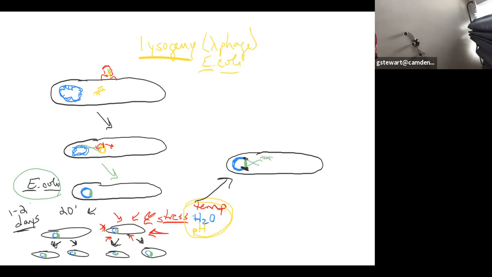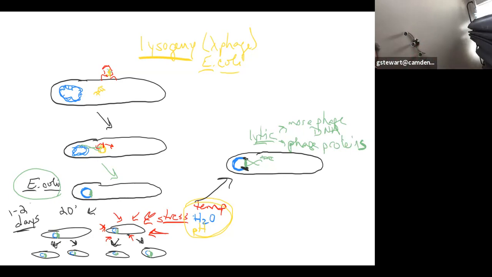And now it is going to enter a lytic cycle. It's going to focus on producing more viral DNA, so I'm going to put more phage DNA and phage proteins. Remember, that's what every virus has to do. It has to produce its genome, be it DNA or RNA, and it has to produce its proteins.